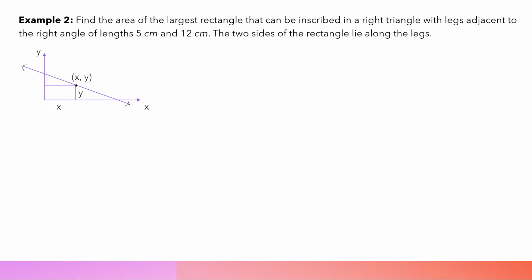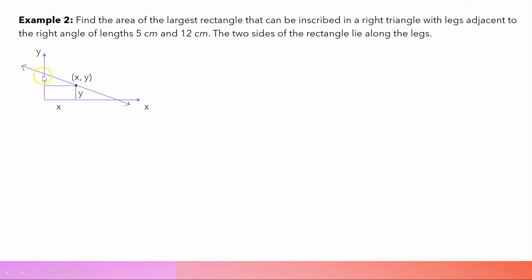The two sides of the rectangle lie along the legs. So this is what the sketch looks like here. We have a rectangle, and then here's a triangle. And I've positioned everything on the Cartesian plane, in the first quadrant.